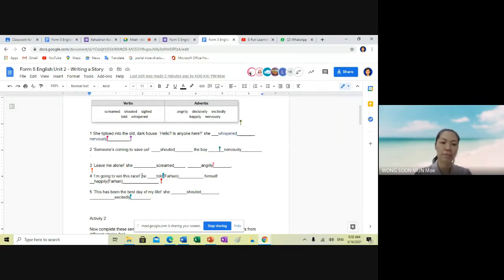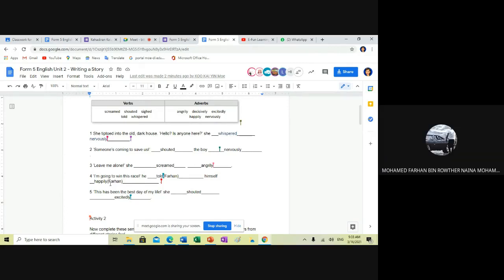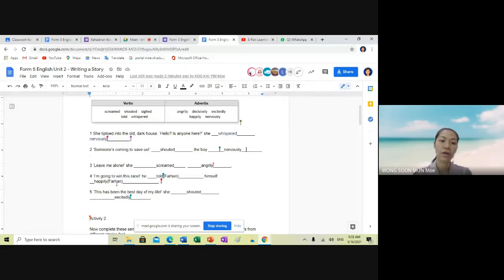Or it can also be determination. He is very determined to win this race. He has set a goal: "I'm going to win this race." So what other adverb can you use here? The verb is correct here.